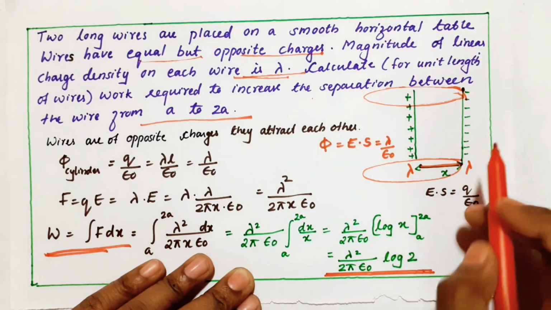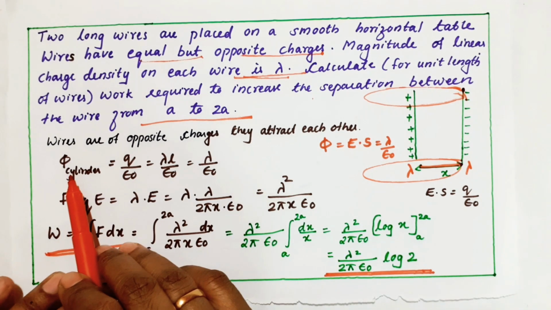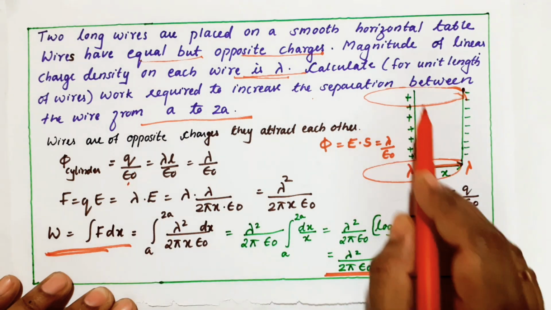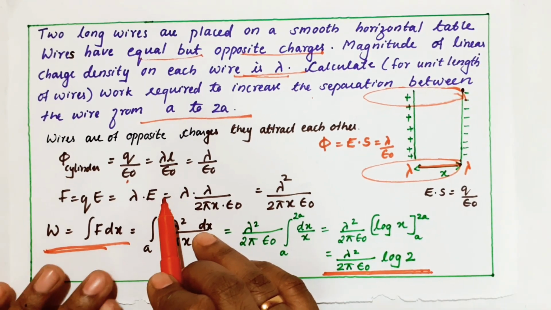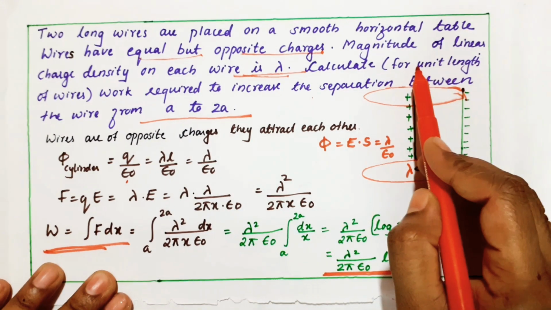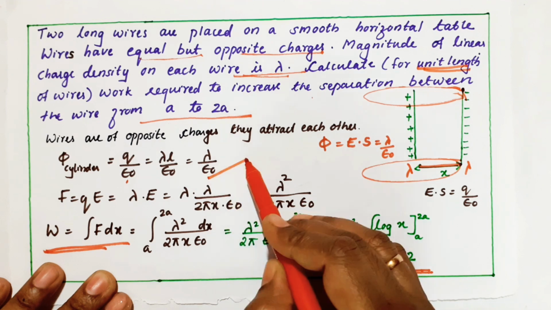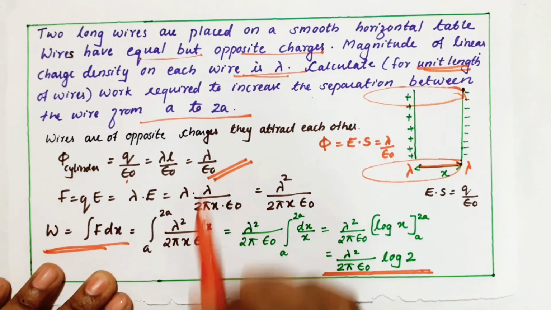For that, first I've calculated the flux. Flux is Q by epsilon naught. Q is lambda L by epsilon naught, and in the question they told us to calculate for unit length, so I'm putting L as 1. So we get flux equals lambda by epsilon naught.